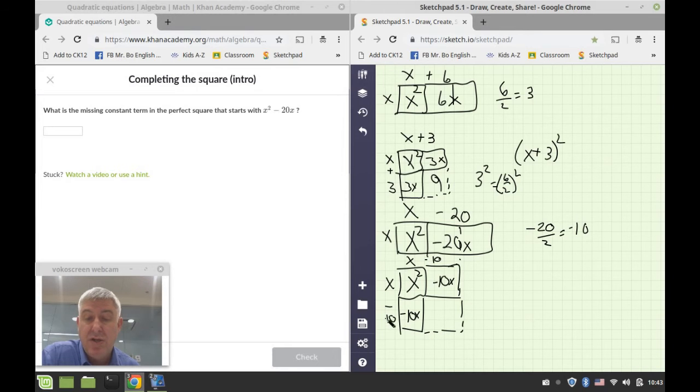And how big is this one? Negative 10 times negative 10, negative 10 squared. Or negative 20 over 2 squared. And we can see what the negative 20 divided by 2 squared, and that's 100.